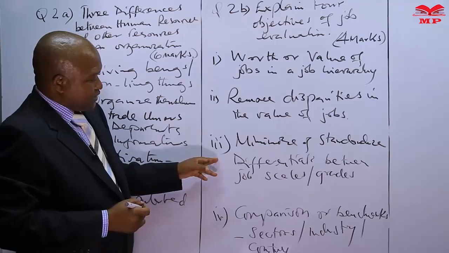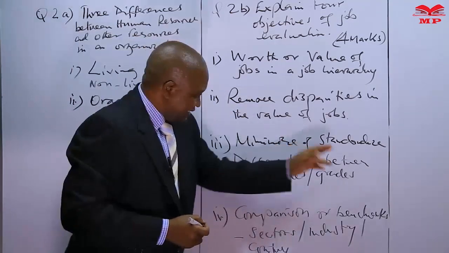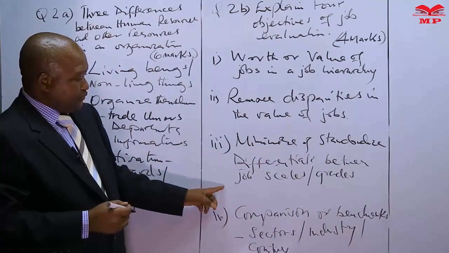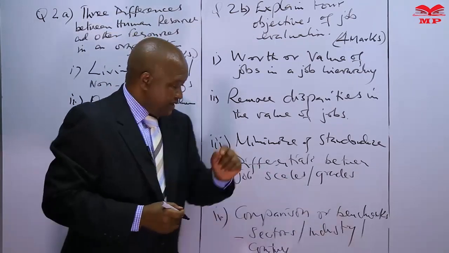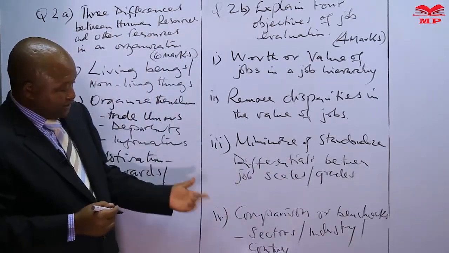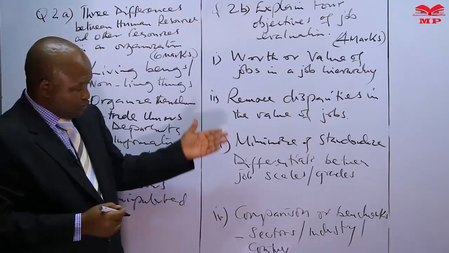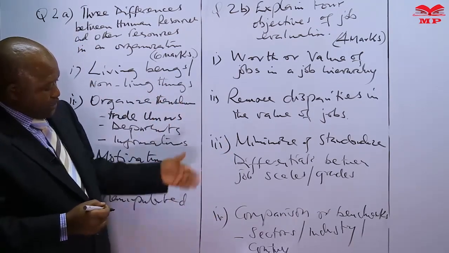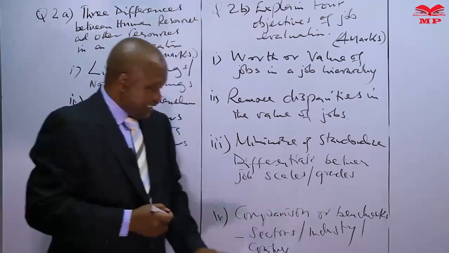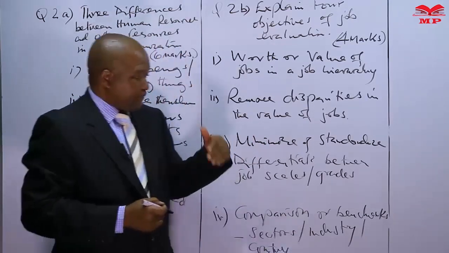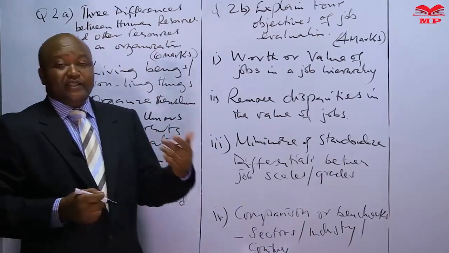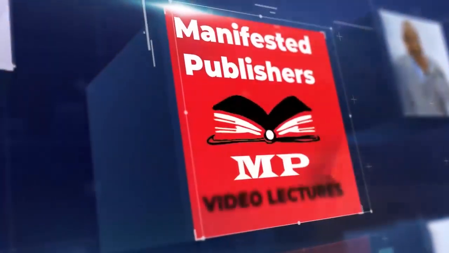It also helps to minimize or standardize differentials between job scales and grades within a given setting. It also provides an opportunity for comparison or benchmarking of jobs within a sector, within an industry, within a country, so that decisions pertaining to this can be made in the pay of workers.